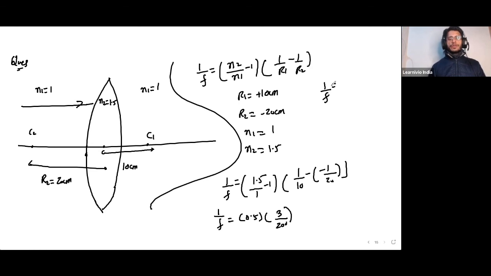So your 1 by f is 0.5 into 3 by 20, 1.5 by 20. So your f is 20 by 1.5 centimeter. So this is how we use the lens maker formula in numericals.